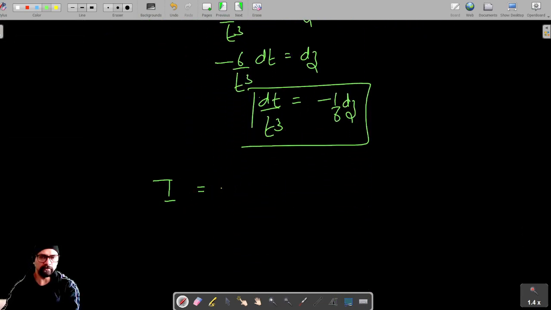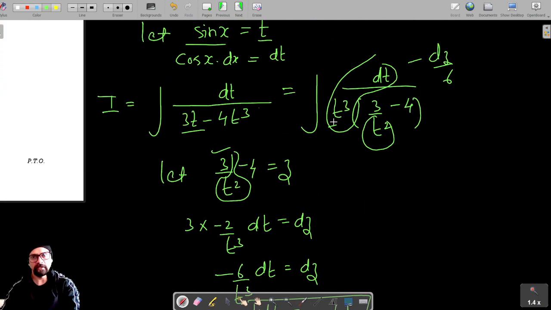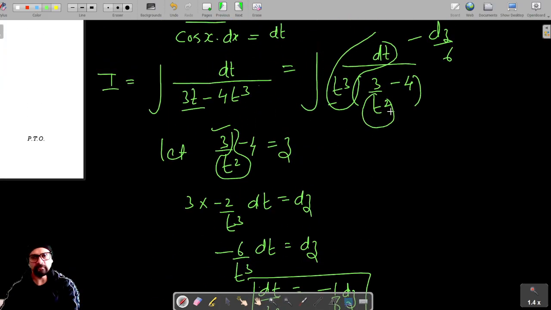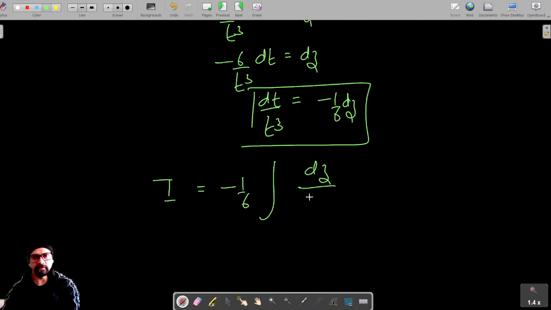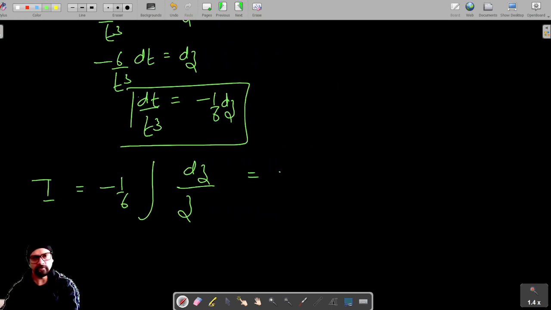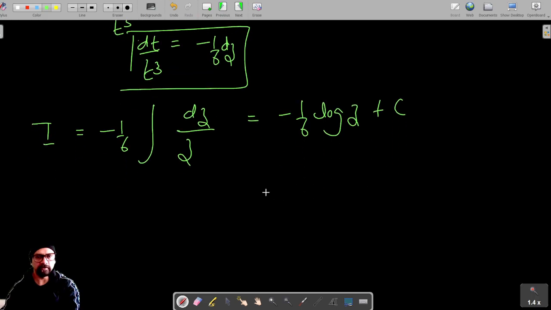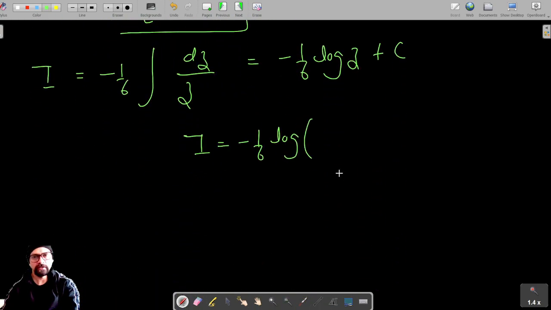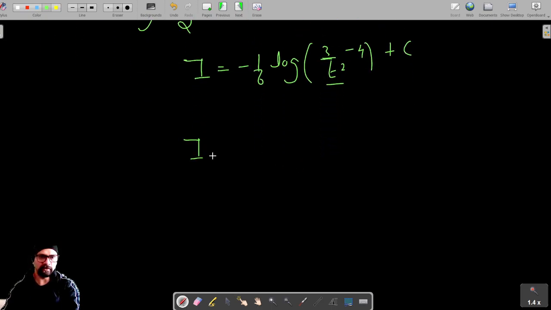So I is equal to minus 1 by 6 out, this dz, and t cube is also included, and this 3 upon t square minus 4 is z, which is equal to minus 1 by 6 log z plus c. And let's replace the value of z, which was 3 upon t square minus 4 plus c, and let's replace the value of t.